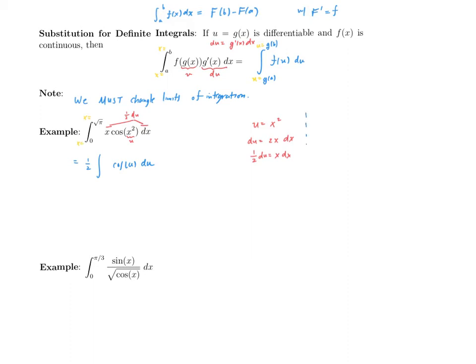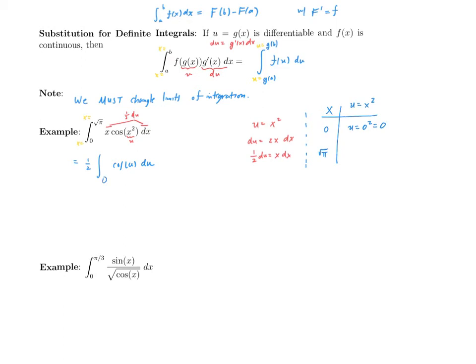So we can just simply do some quick calculations to the side. We use our substitution. So our limits of integration are x equals 0 and square root pi. And the relationship between x and u is u is equal to x squared. Our new lower limit of integration would be u equals 0 squared, which is 0.